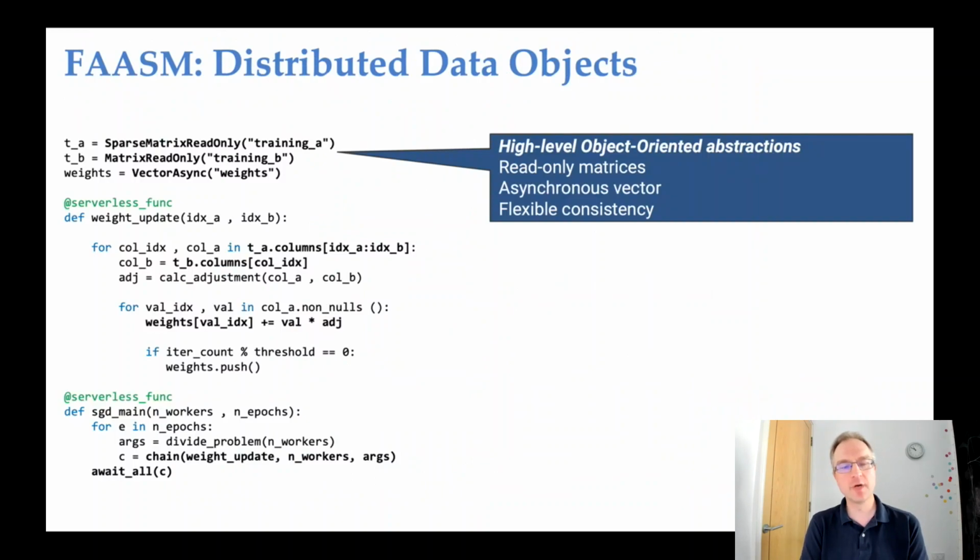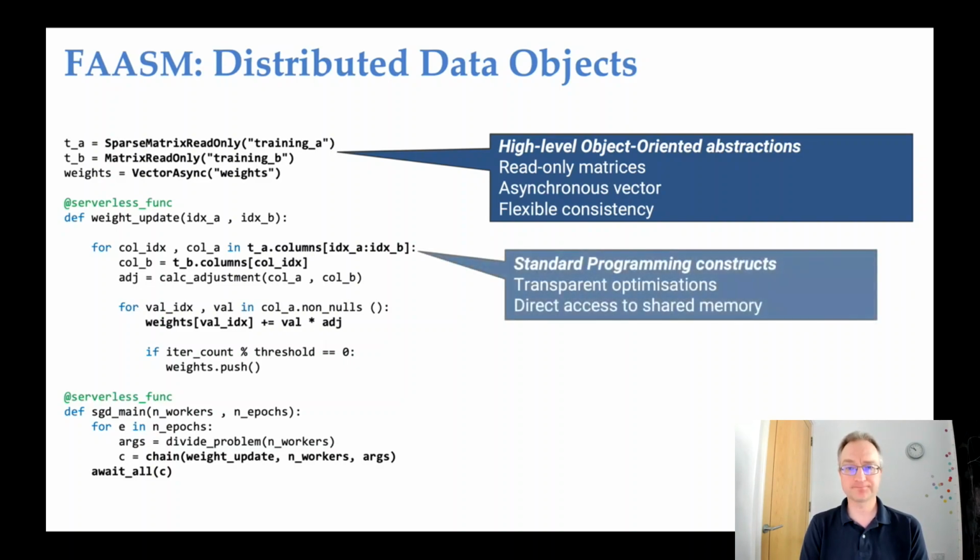Just to give you an example of what the programming abstraction in Faasm looks like, we have this concept of distributed data objects. These look like regular data types that a programmer would be familiar with, but in addition, they can be distributed across the serverless infrastructure.